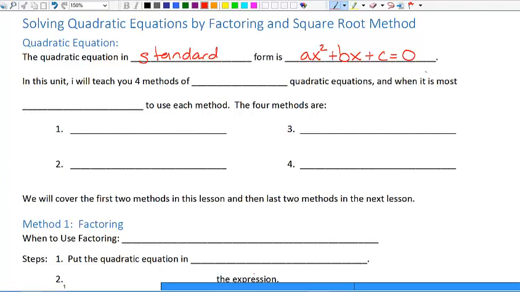So in this unit I'm going to teach you 4 methods of solving quadratic equations and when it is most convenient to use each method.